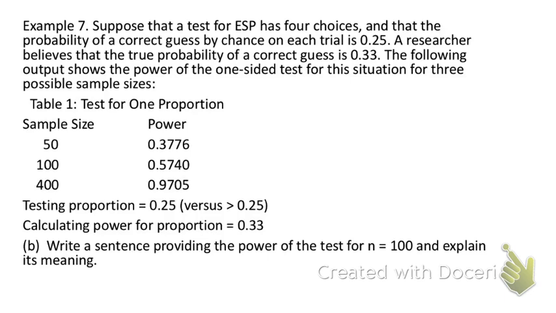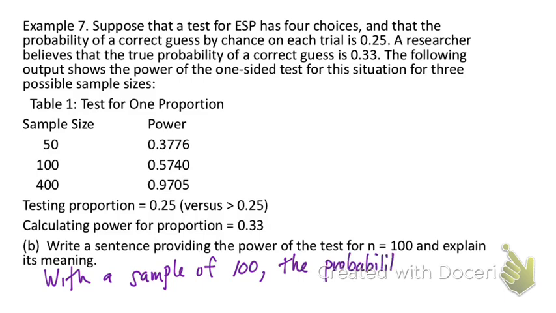Let's finish these notes. Write a sentence providing the power of the test for n equals 100 and explain its meaning. What is the meaning of this? With a sample of 100, the definition of power is the probability of correctly rejecting.